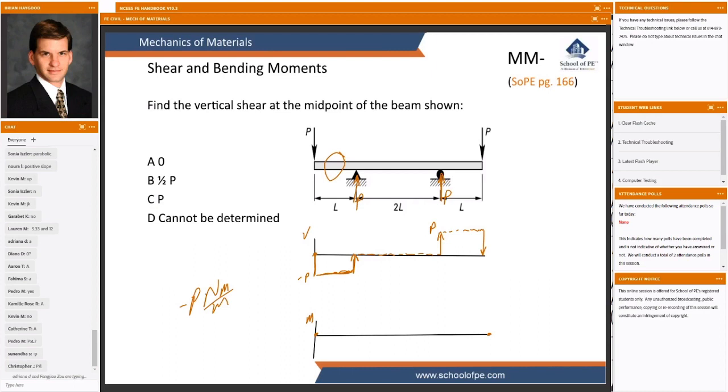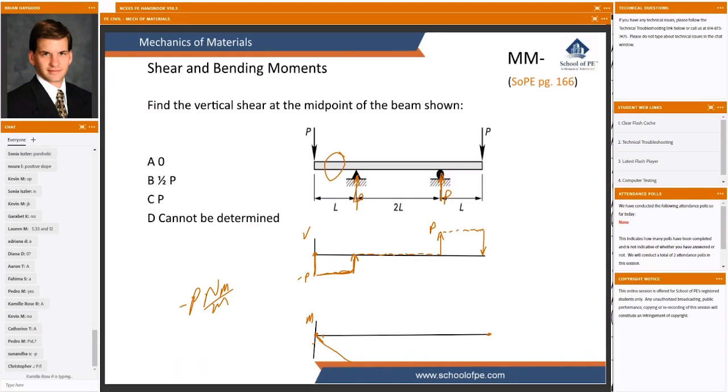So I'm going to lose P newton meters for every meter of length across the beam. So wherever 1 meter is and whatever P is, that's what I'm going to lose. So I have a downward slope of P, and is that slope going to be changing over the first length, L? No, we're going to keep that same slope all the way across from 0 to L.